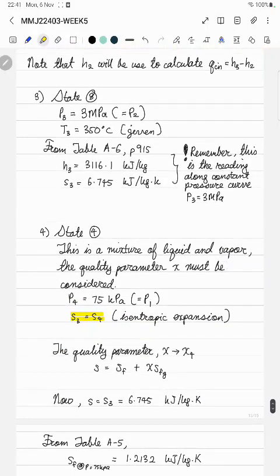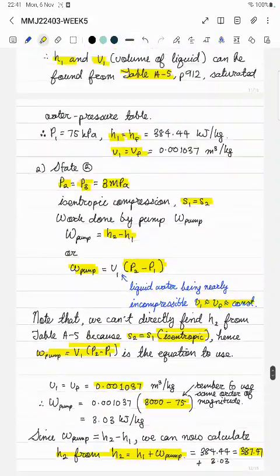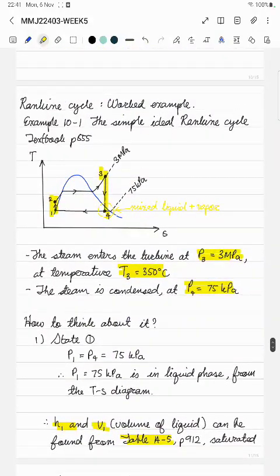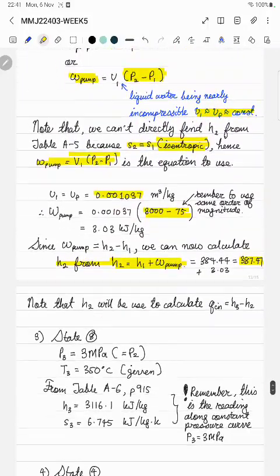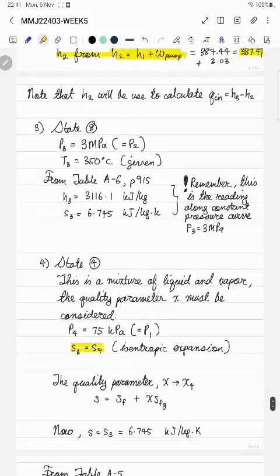And finally, at state 4, this is the part where it gets a bit tricky, because state 4 is a mixture of liquid and vapor. So we have to consider the quality parameter, that is x.